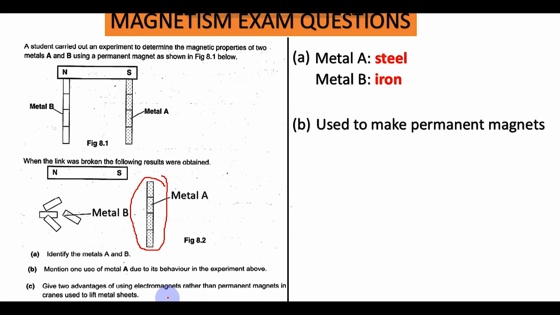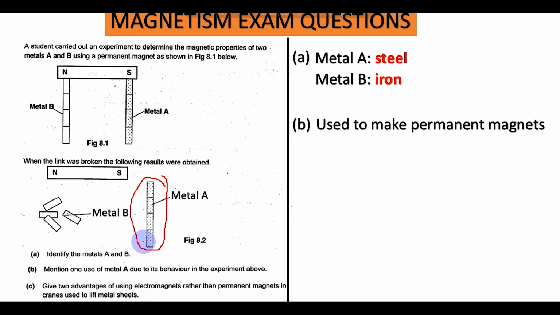Question C, give two advantages of using electromagnets rather than permanent magnets in cranes used to lift metal sheets. In an industry where they are changing the position of metal sheets from one place to another using cranes, the sheets are supposed to be attracted.